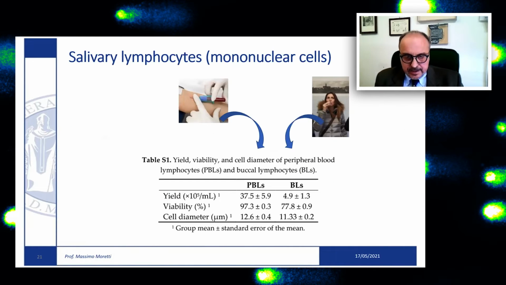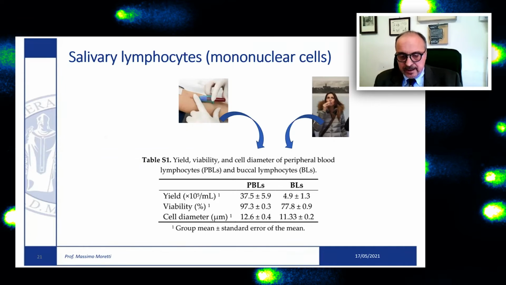The main results, of course, the number of cells we have obtained is very different. However, even if very low, we have obtained a suitable number of cells to perform the COMET assay with the buccal salivary lymphocytes.